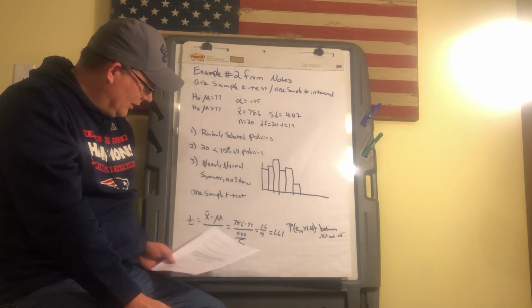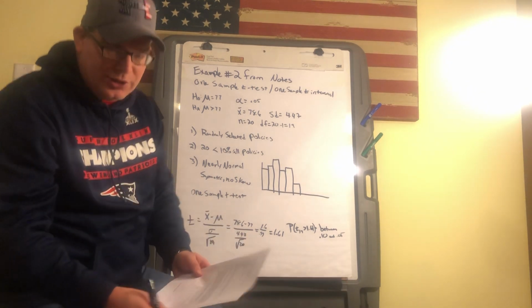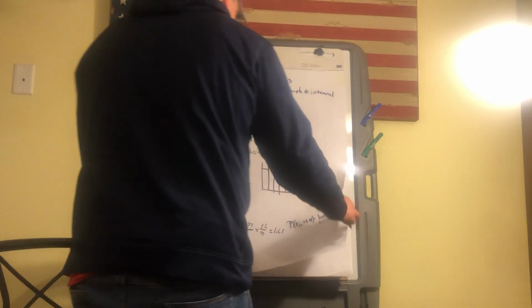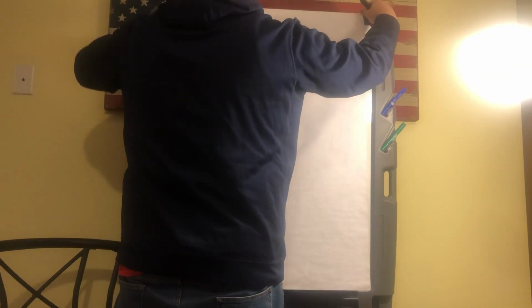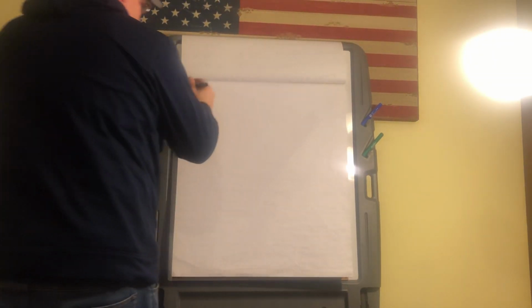As you do this, in looking at all of this work, we get our conclusion from the fact that this was definitely greater than 5%. And that's what we'll write.